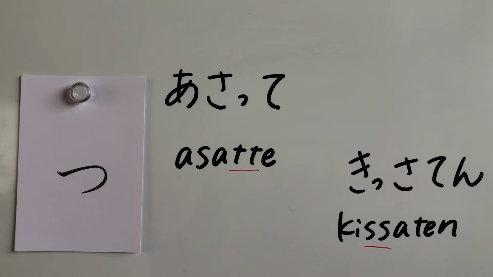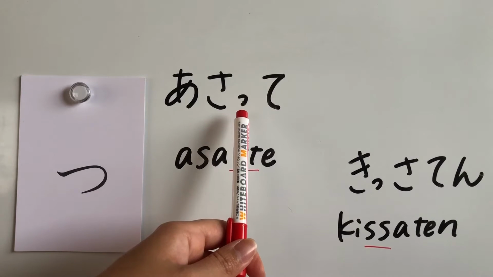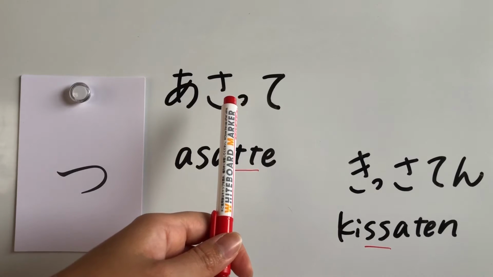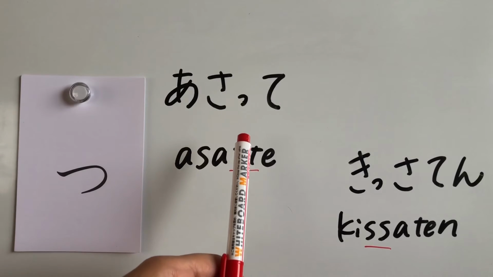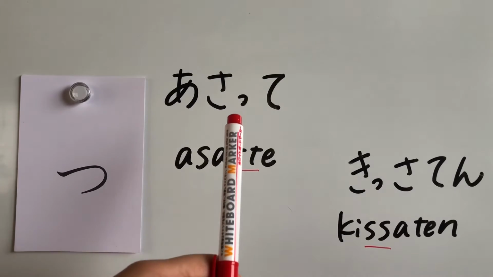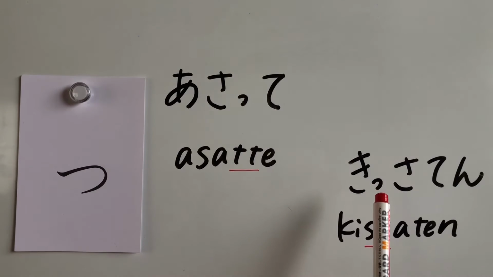And one of the things I can say is that how you pronounce this one with a small tsu, it's kind of like you suddenly stop saying something. You know what I mean? Hope that makes sense. But asatte, so you kind of suddenly stop. Asatte and kissaten.